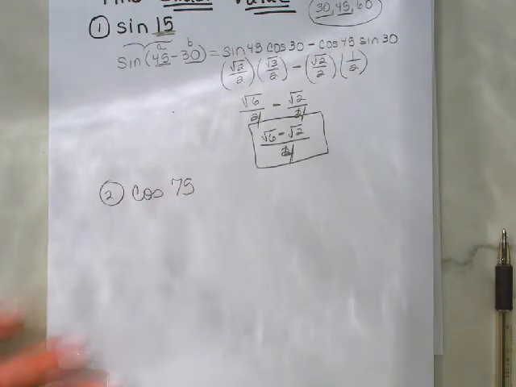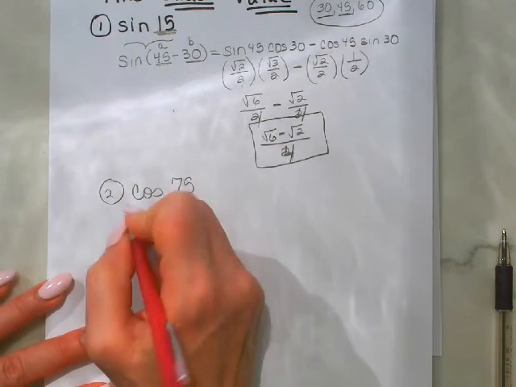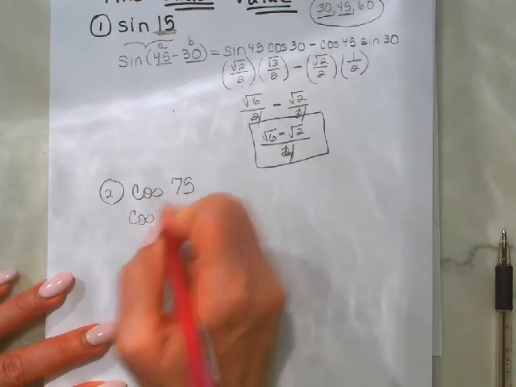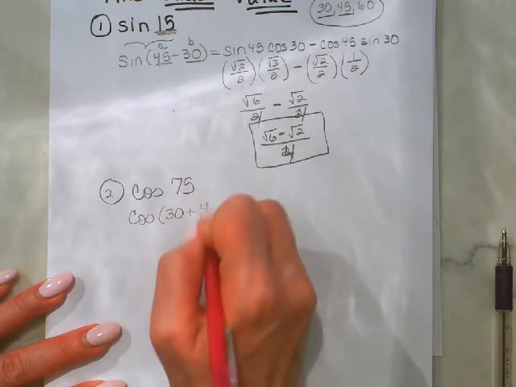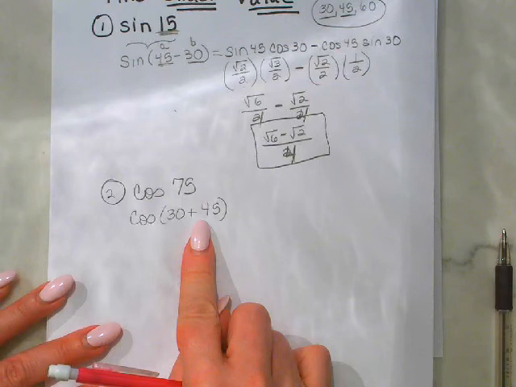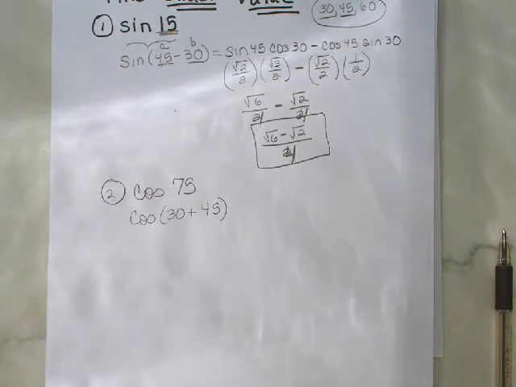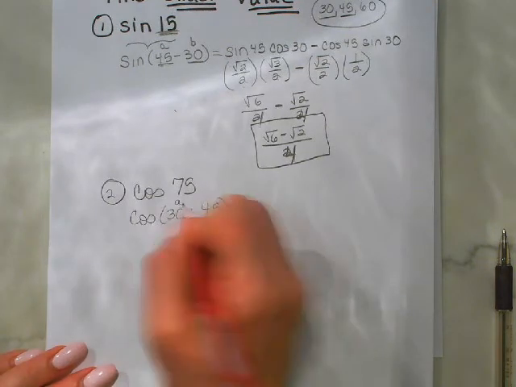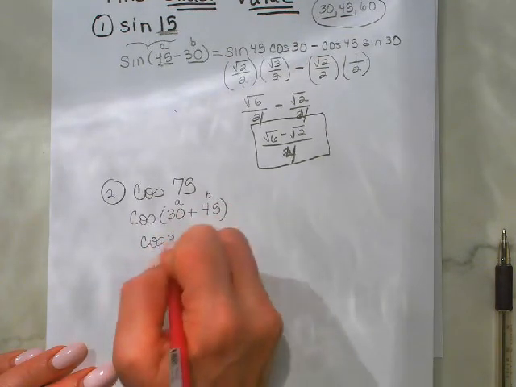Cosine of 75. And again, we can make cosine using the 30 and the 45. So this can be the cosine of 30 plus 45. Now with addition, obviously it doesn't matter which way this goes. With subtraction, it's going to matter. But this gives you 75. You're going to take your formula for the cosine. Remember, this is your A angle, this is your B angle.